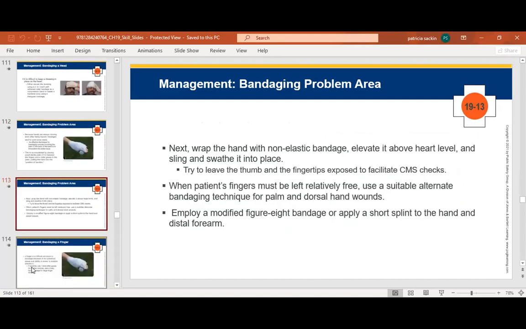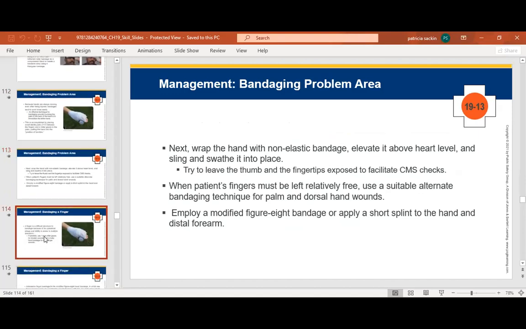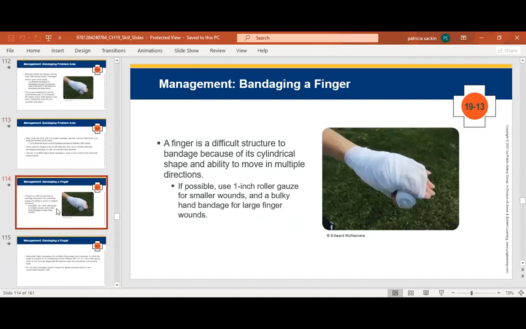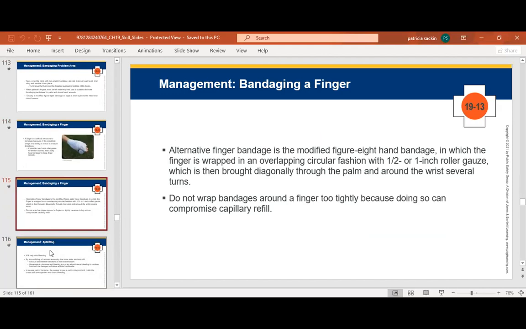Next, Patty. This is basically the same thing. Yep, moving on. Always check CMS, make sure that they have sensation and circulation. If they don't, the bandages are too tight. Okay, and Patty just mentioned it: don't wrap it too tightly.